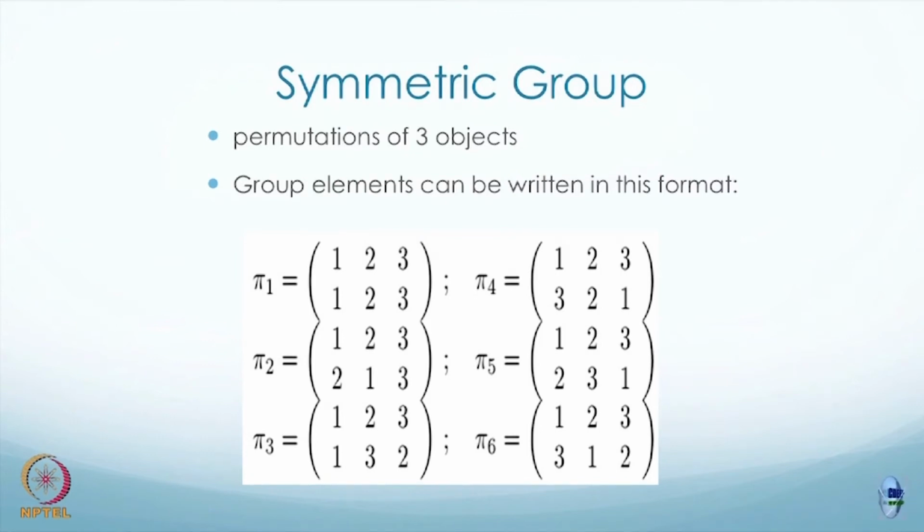Is that okay? Is that clear? And pi 6 is the cyclic one, 1 becomes 3, 3 becomes 2, 2 becomes 1. Okay? I do not think any other permutations are allowed. You know this very well, so I thought let me take the 3 objects and explain it.